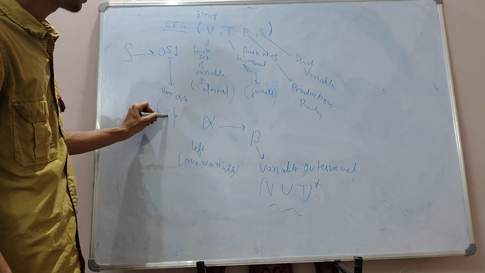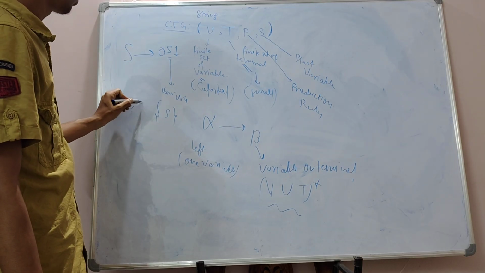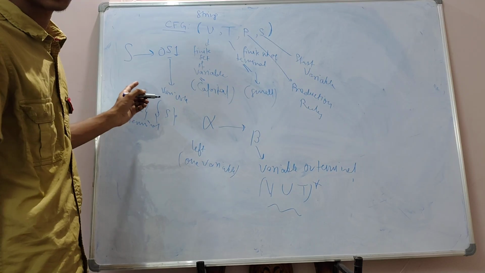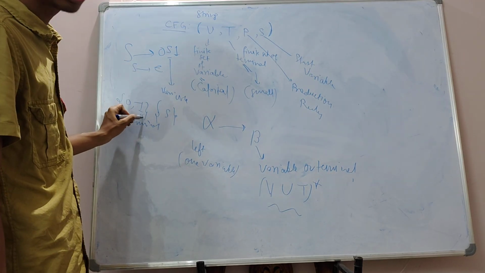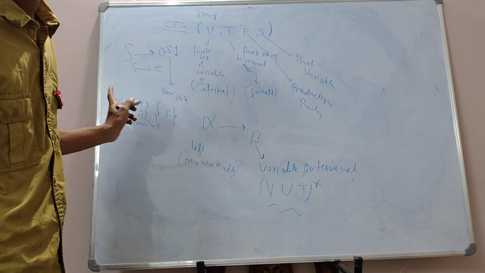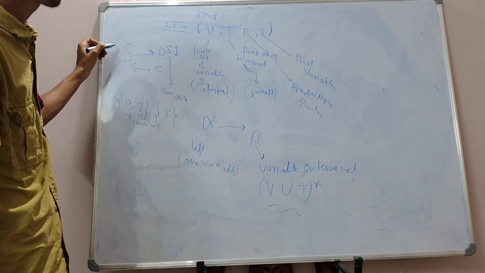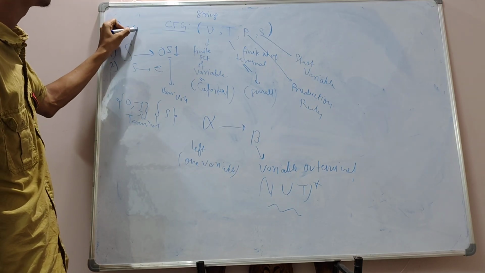My terminals are 0 and 1. And suppose S goes to epsilon. So epsilon is also a terminal. This has two production rules, this is one and this is the second.